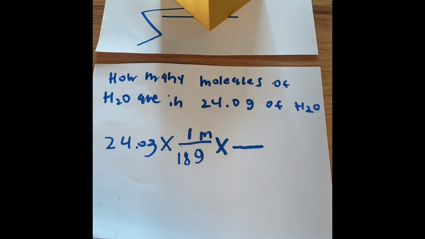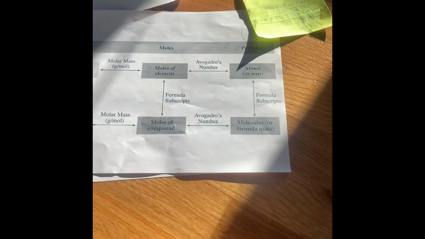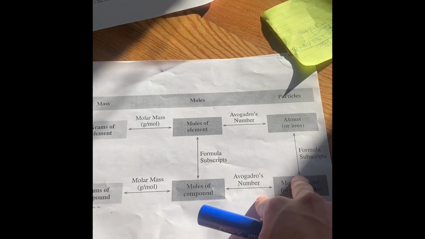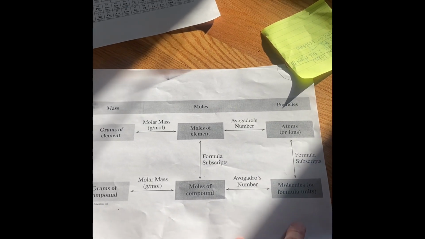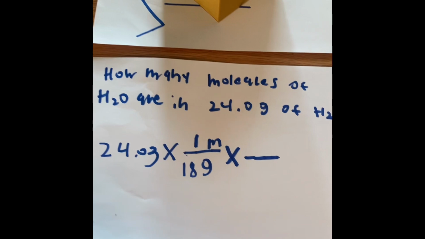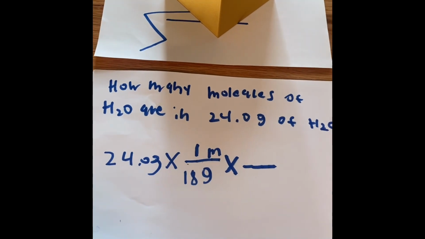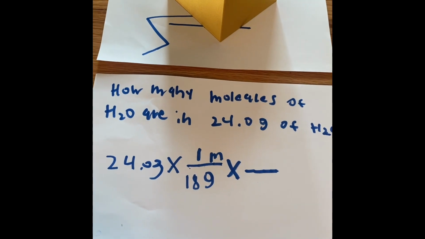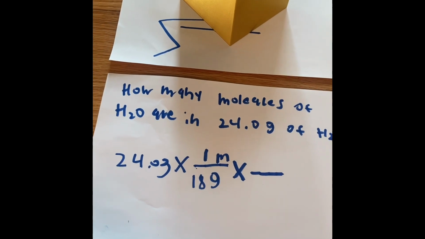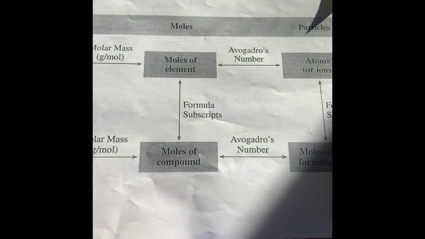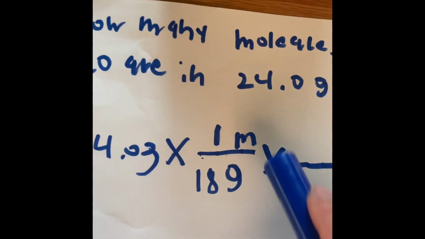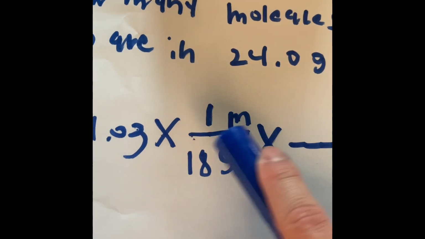What we have to do next is, you see this chart right here? This chart tells you what you have to do to get to your answer. When it says how many molecules of H2O are in 24 grams of H2O, we are at moles of compound, because we already said that 1 mole is equal to 18 grams of water.